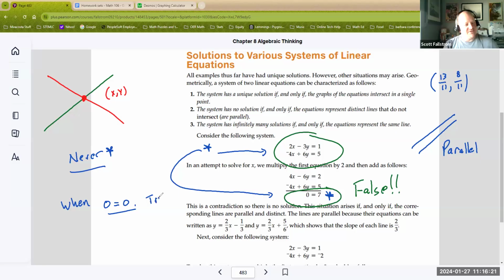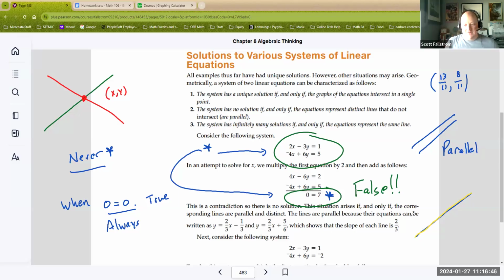And hopefully you're saying true, or that always happens because 0 always equals 0. And then you'd be 100% correct. Because what they did, maybe accidentally, is they gave you a line and asked when does that line intersect with this line? And then they put the other line right on top of it.